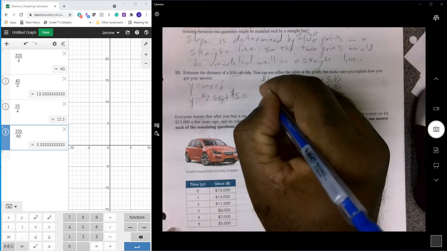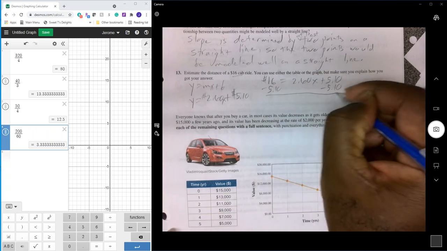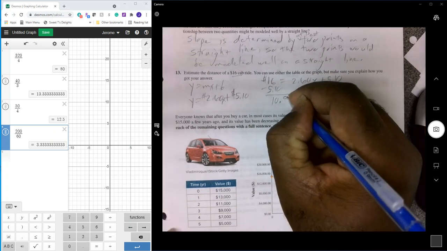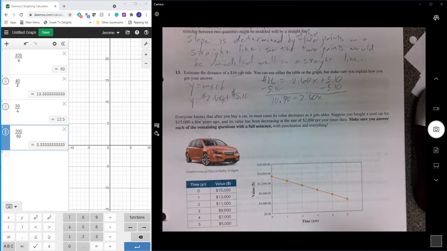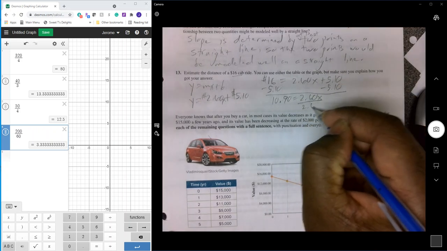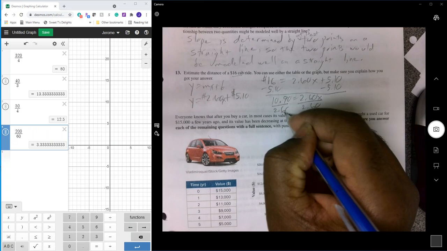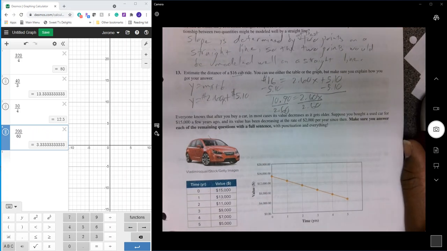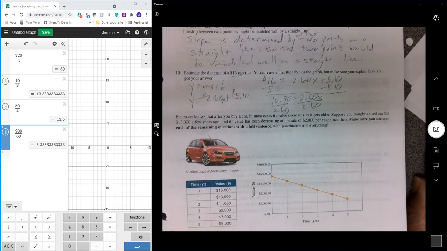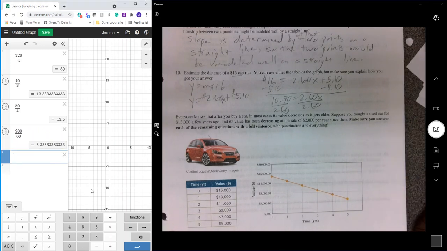Subtract $5.10 on both sides. So this would be $10.90 equals 2.60x. Divide each side by 2.60. All right, so let me put this in here.